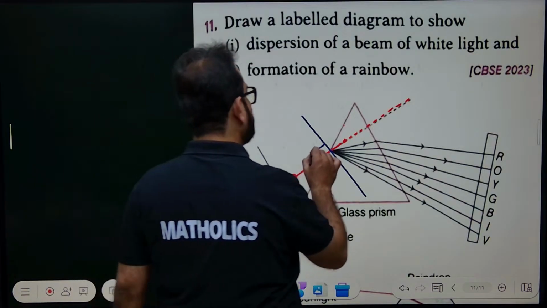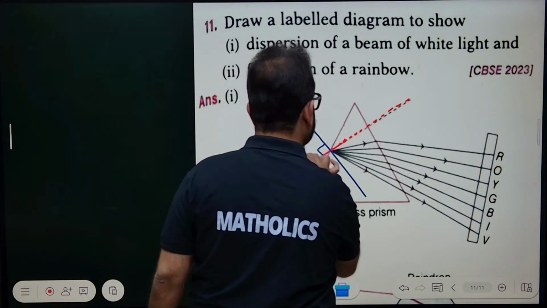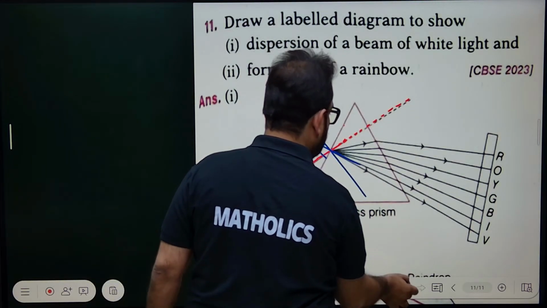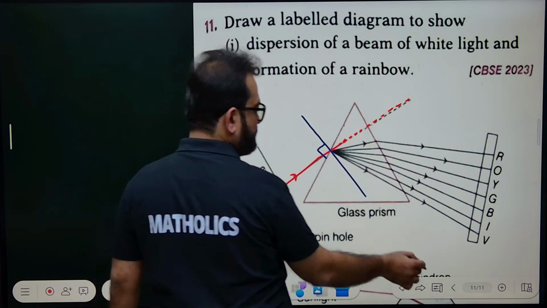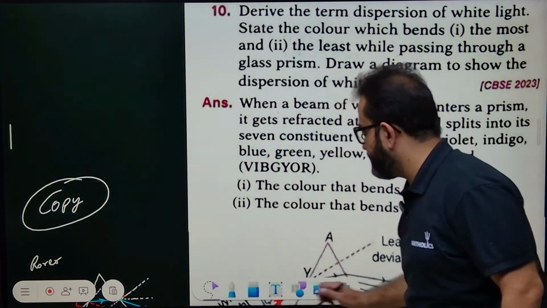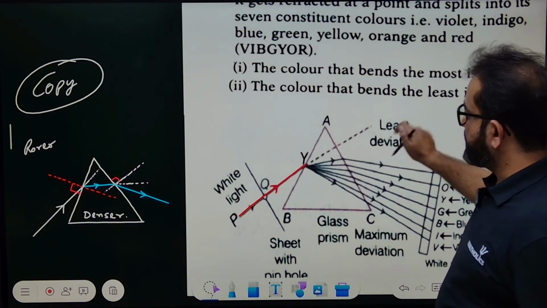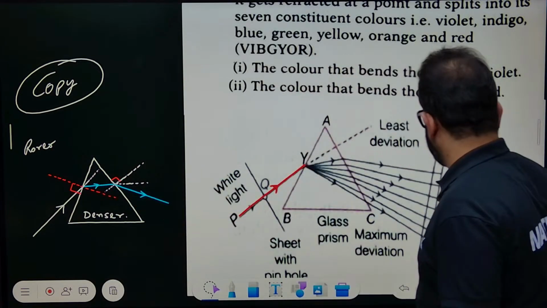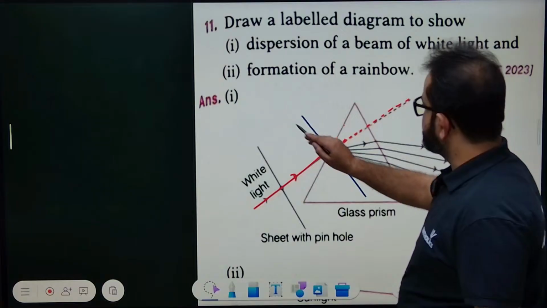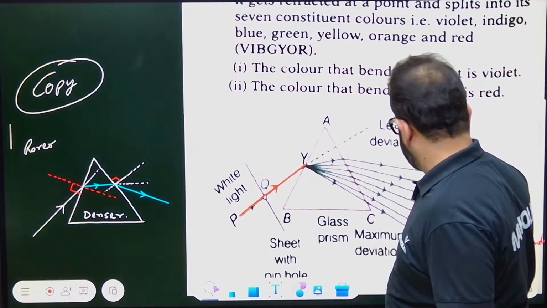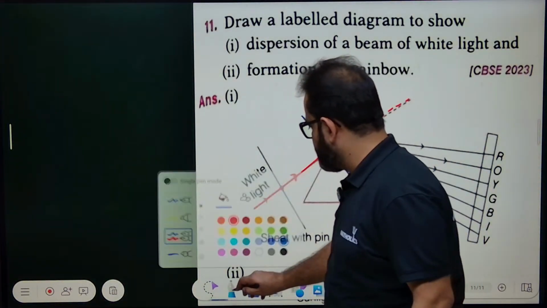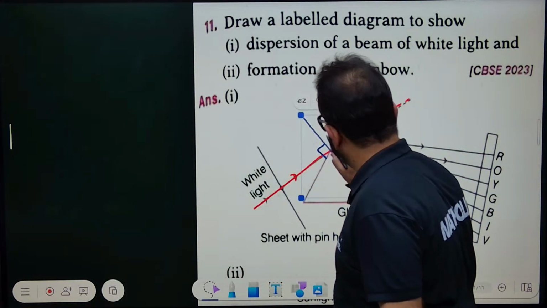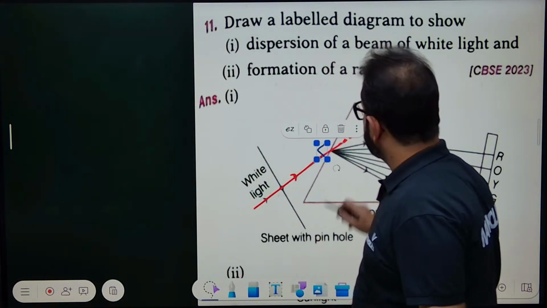Perpendicular can be drawn like this also, though not a proper perpendicular. This is the proper one. See in the last diagram which we have done, we drew the perpendicular like this. In this diagram also you must draw it. If you remove this blue line, you will come to know where the perpendicular will be.